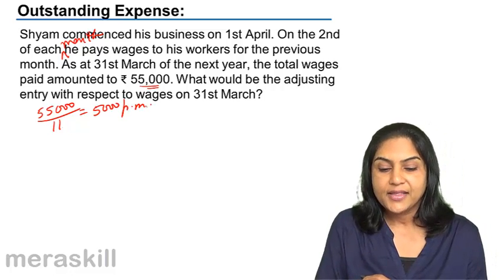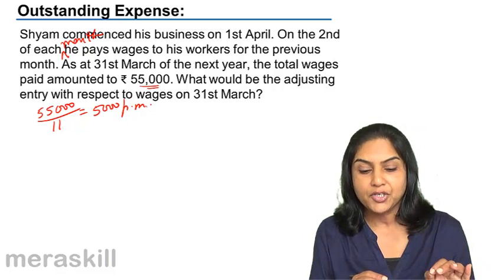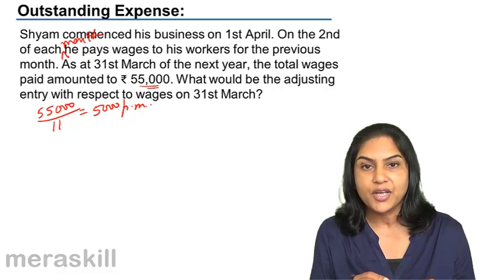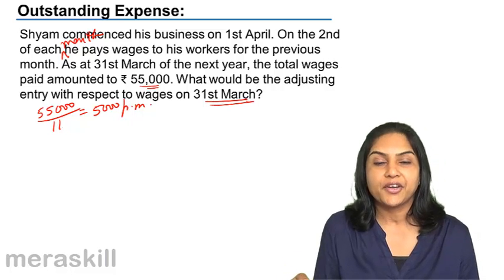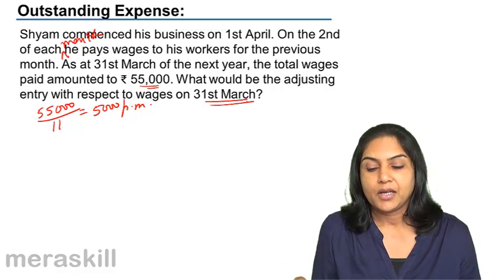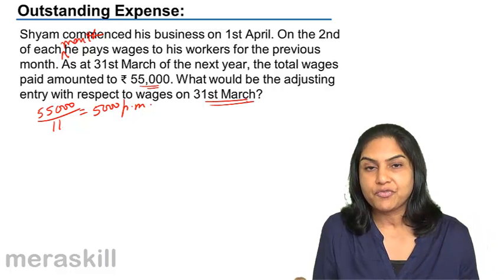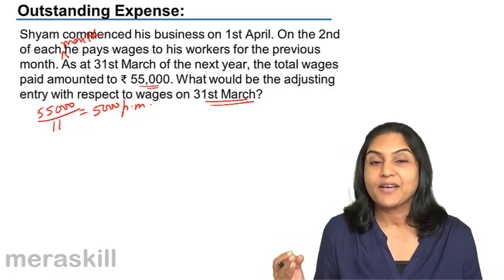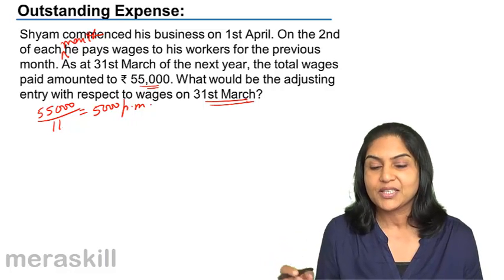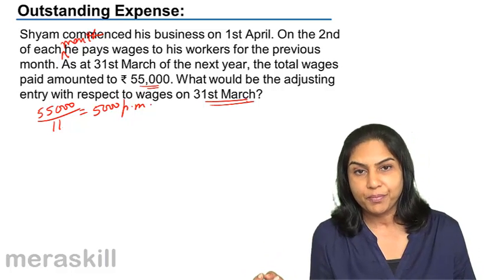So let us say that the wages for March is 5,000 and that is outstanding as at 31st March. So what would be the entry for this 5,000? We have an expense of wages 5,000. Expenses have to be increased, so expenses debit, and on the other side we have a liability to pay these wages, liability increases and liability would be credit.